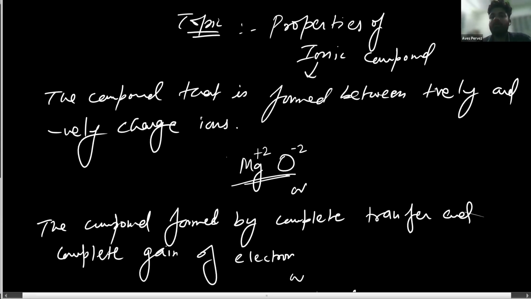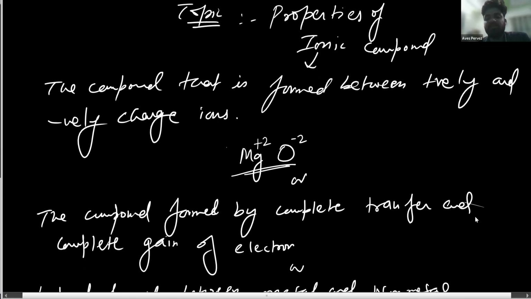So we're discussing the properties of ionic compounds. The ionic compound is the compound that is formed between positively and negatively charged ions. That is called an ionic compound.